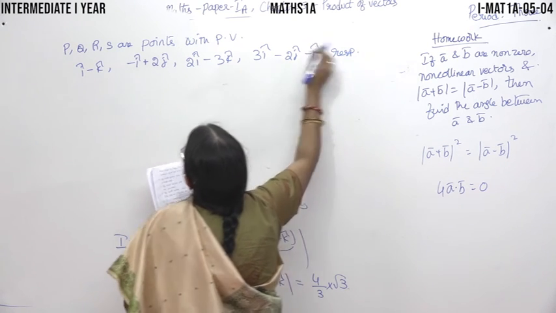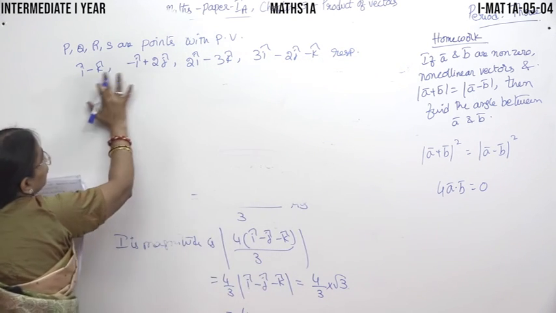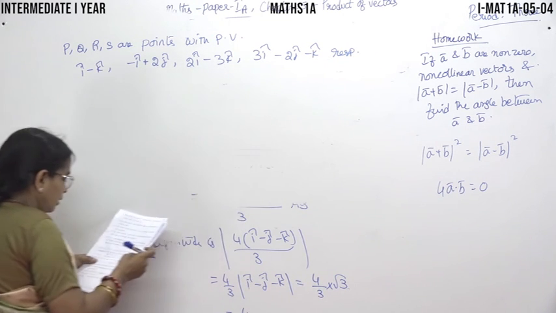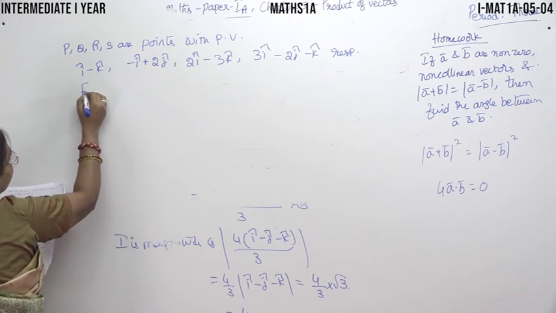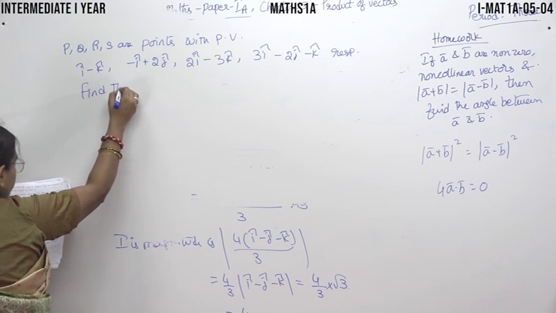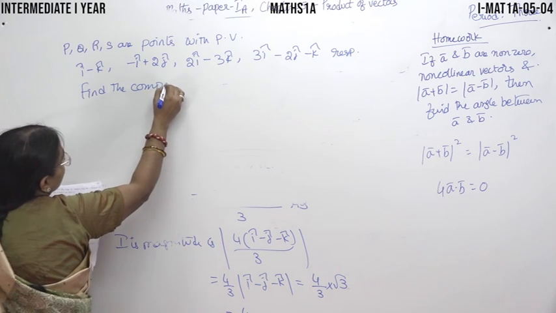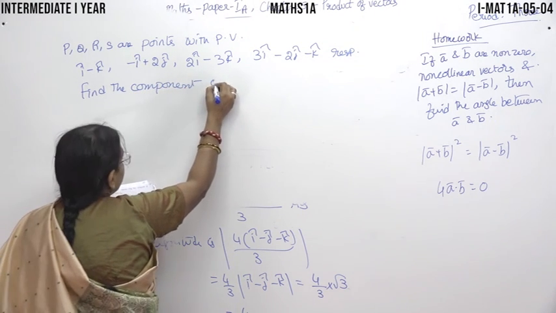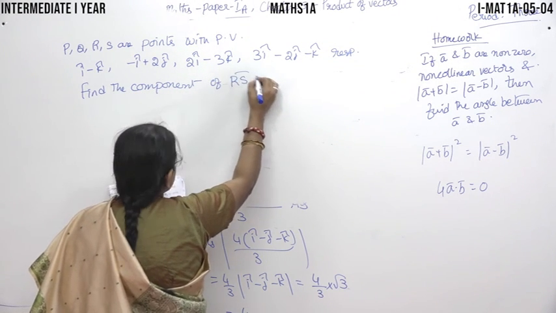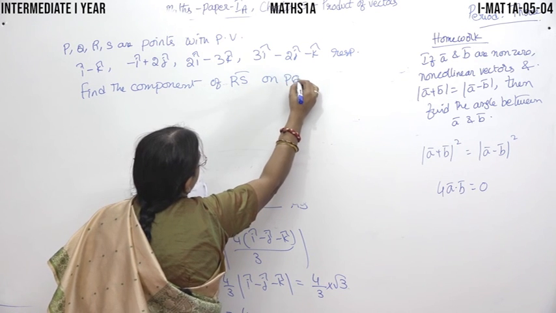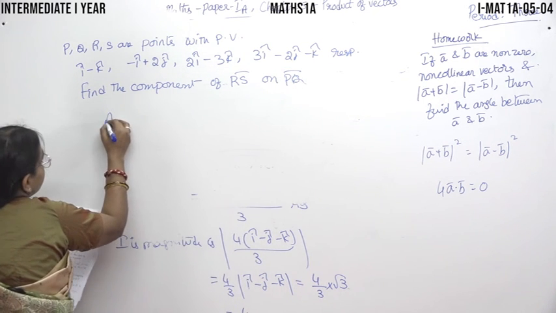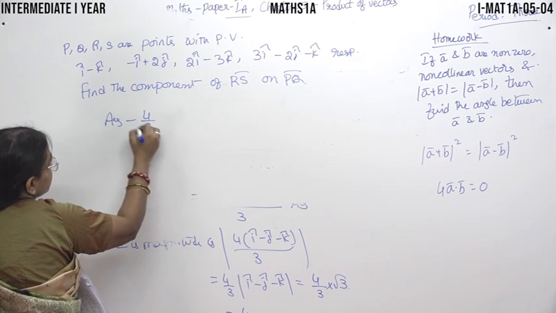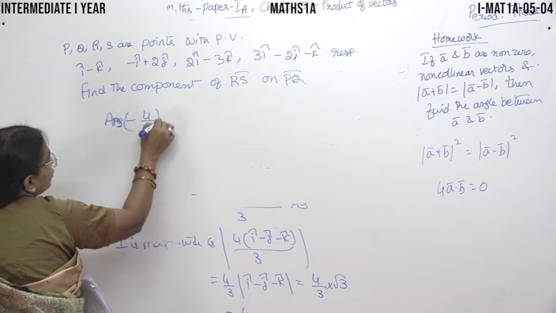That means OP, OQ, OR, OS. Then find the component of RS on PQ. You can try this problem. You will get the answer as minus 4 by 3.